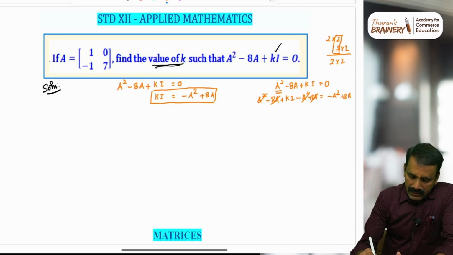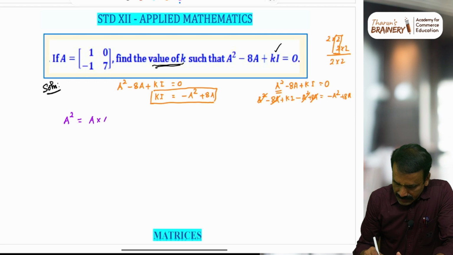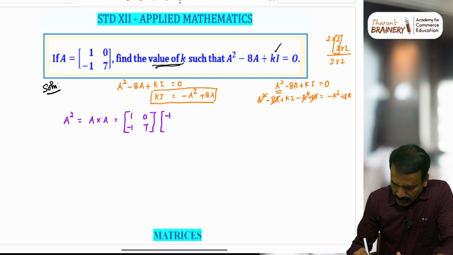So we start calculating what the A square values are. A square is equal to A multiplied with A, which is equal to the matrix 1, 0, minus 1, 7 multiplied with the matrix 1, 0, minus 1, 7.